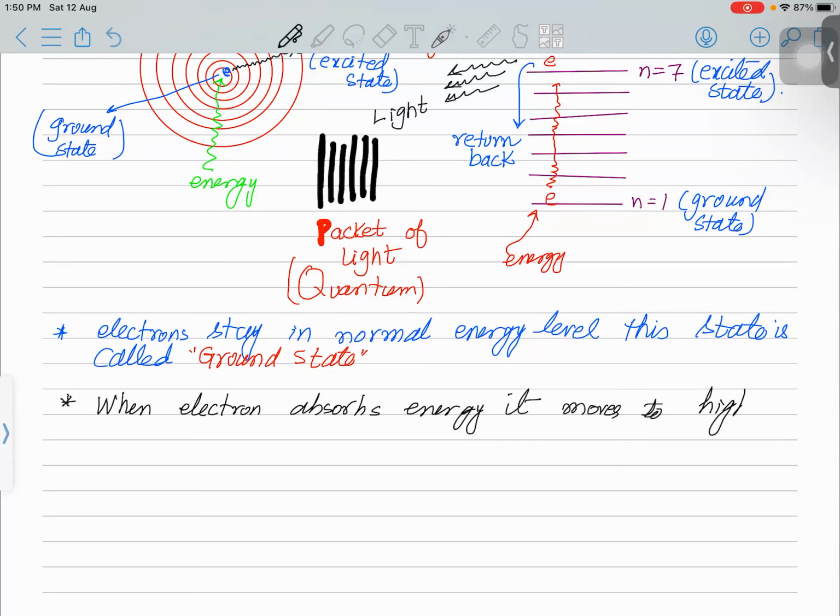Usama lives in Karachi, so the orbit is Karachi. And where we have maximum chances to find this electron is called the orbital. This is the orbital and this is the orbit. Are you getting my point or not? Yes, sir. Orbital is Usama's room and orbit is Karachi.